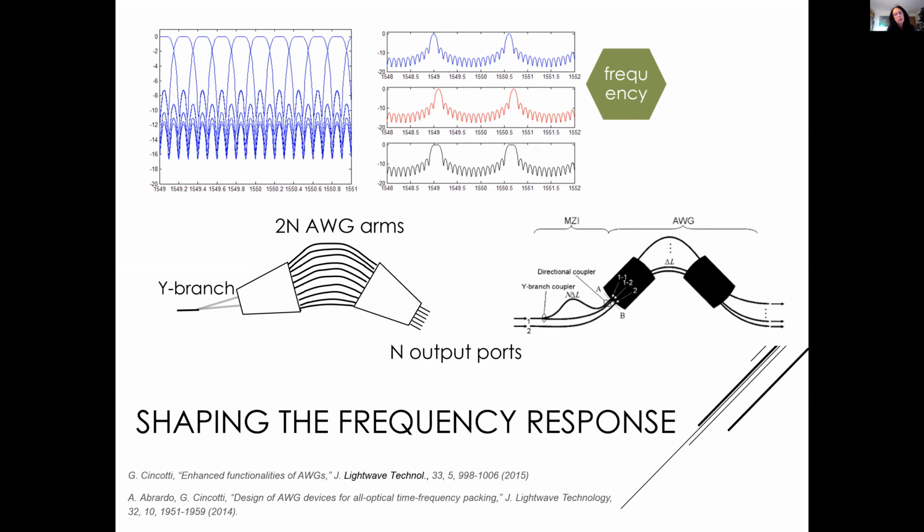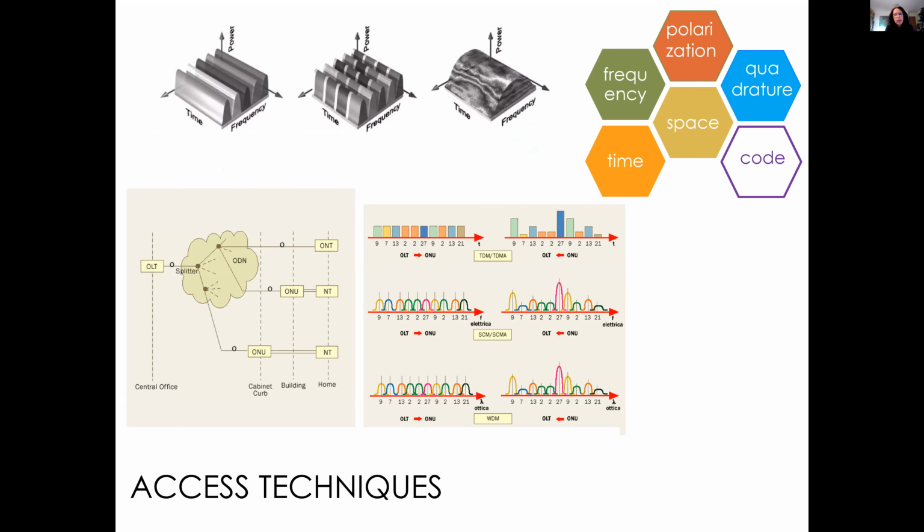Alternatively, we are also able to shape the frequency response of the AWG, basically increasing the number of arms or designing the coupler better, and so on. As I was telling before, we introduced the new domain that is called the code.